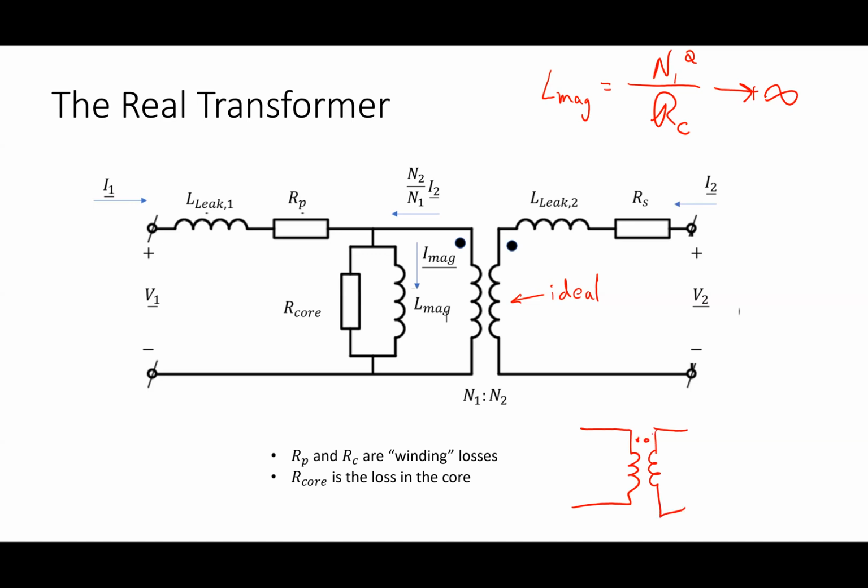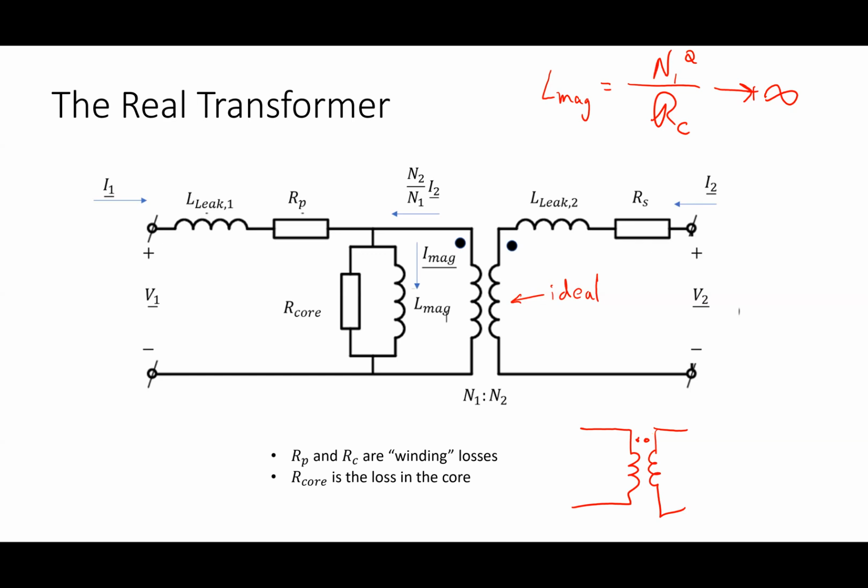L mag would be infinite, which means that it disappears from the circuit, right? Why would it disappear from the circuit? Because it'd be infinite impedance, right? And our core, it would also be infinite if it didn't exist. Okay. All right. So this guy reduces to that.